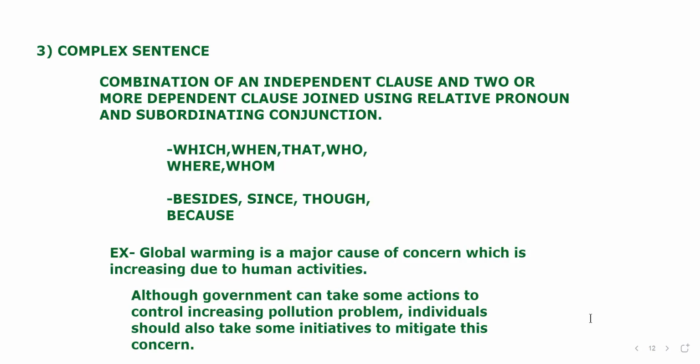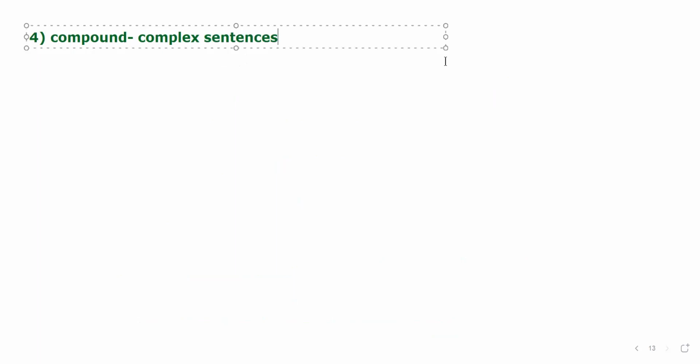Is that clear? Yes. Let's move on to the last, fourth one, which is the compound complex sentence. If I say compound complex sentence, it must have complex, meaning dependent clauses also, independent clauses also, right? It should have conjunctions also, it should have commas also, right?